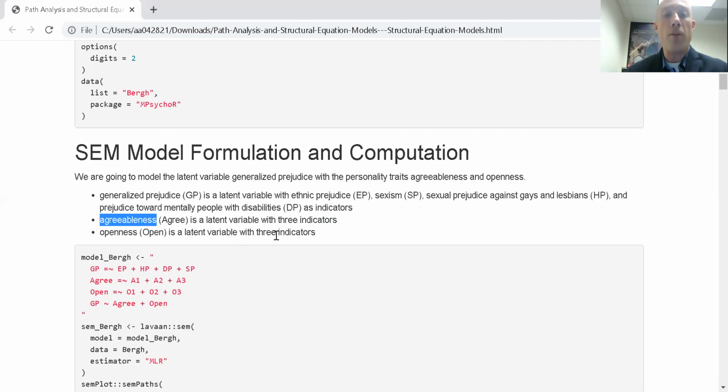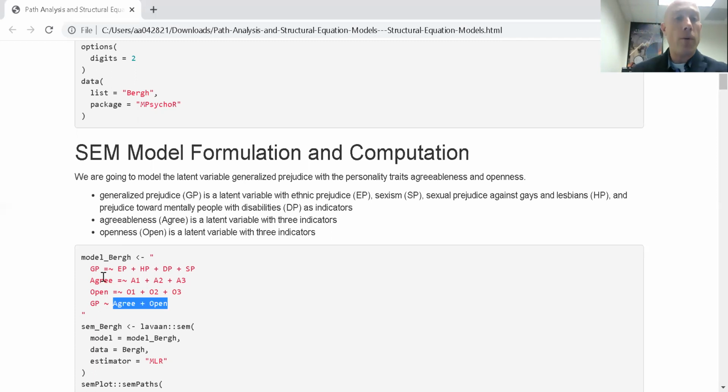We're going to use the openness indicators to give us inference about the personality trait of openness. Then we're going to take prejudice as the dependent variable, the target variable, and run regression based off of agreeableness and openness.